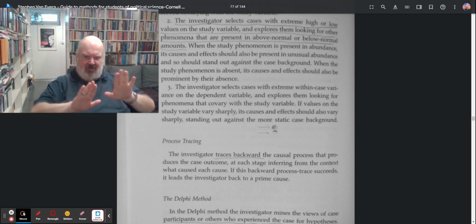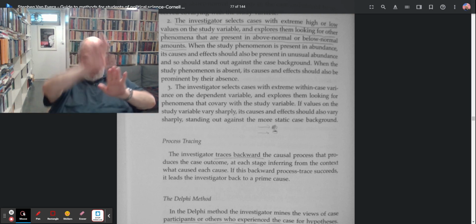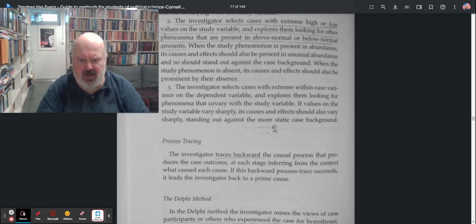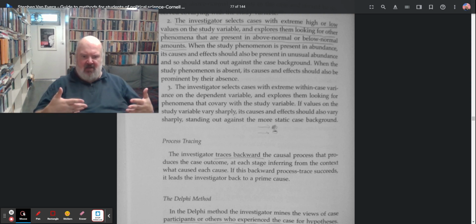In other words, this thing varies sharply, and that covaries with the study variable. If the values on the study variable change sharply, its cause and effect should also vary sharply, standing out against the more static case background.